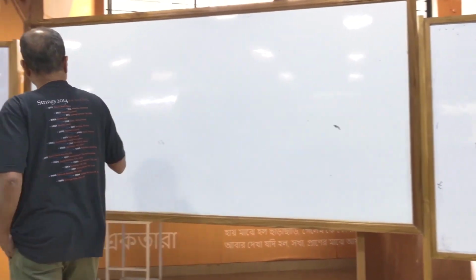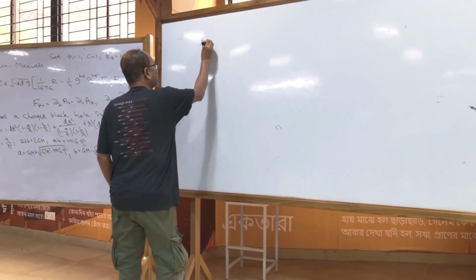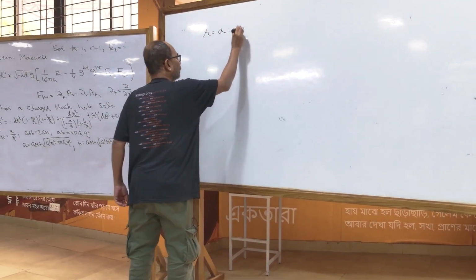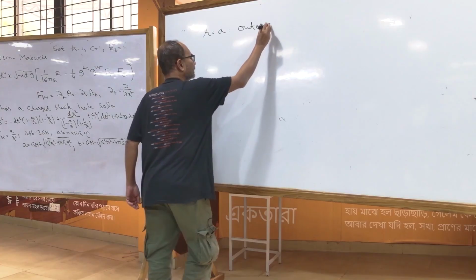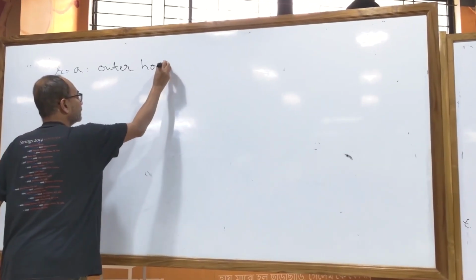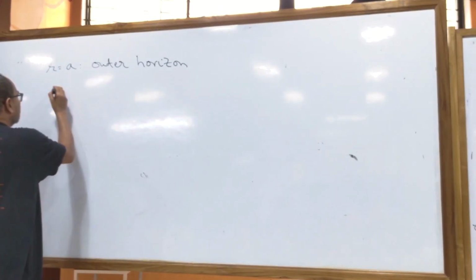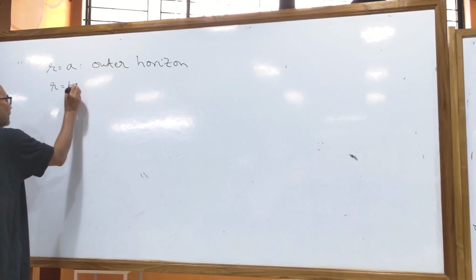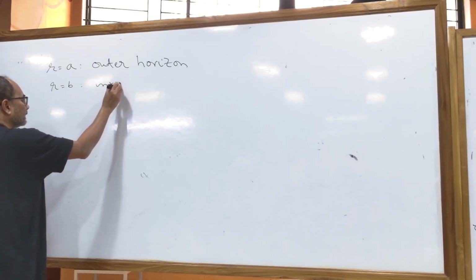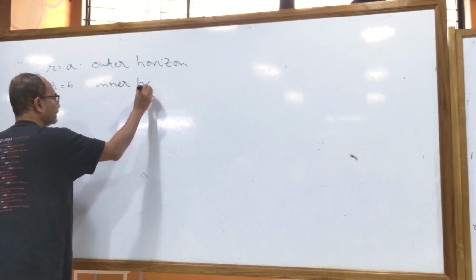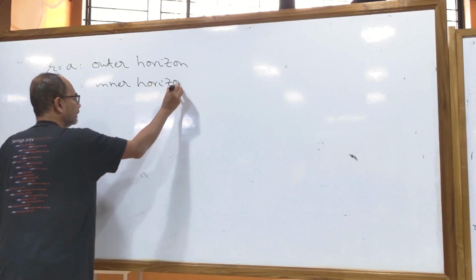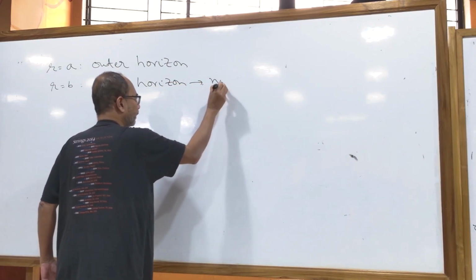So R equal to A is the outer horizon, and R equal to B is the inner horizon. This is not relevant for us.